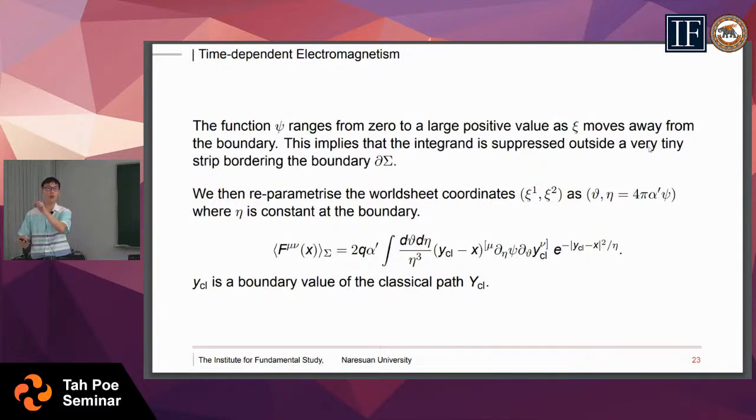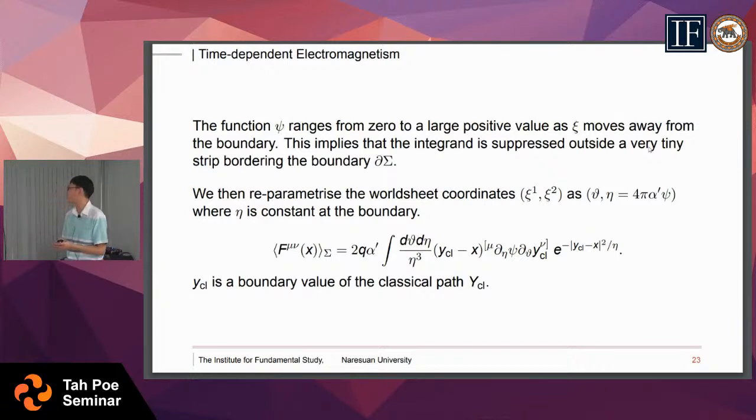And when it moves into the worksheet, its value gets very large rapidly. So it ranges from 0 at the boundary and going to infinity at some point in the middle of the worksheet, I would say.